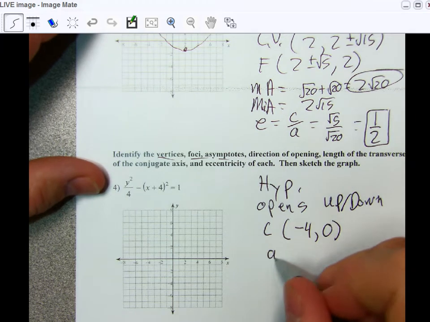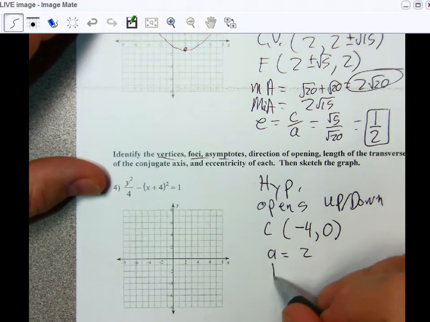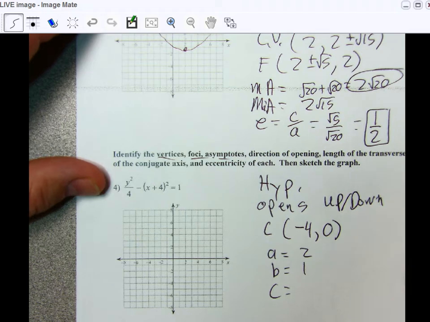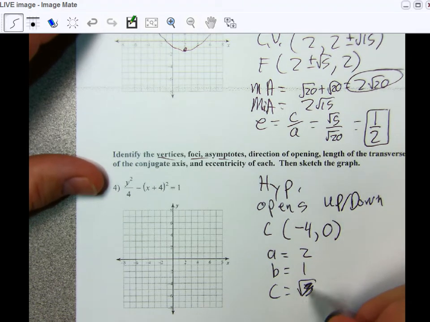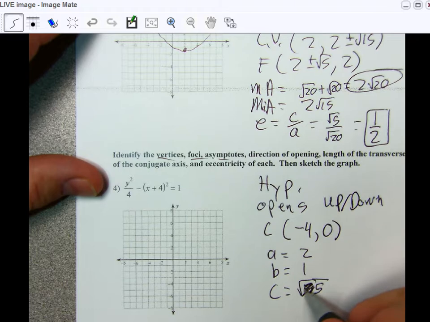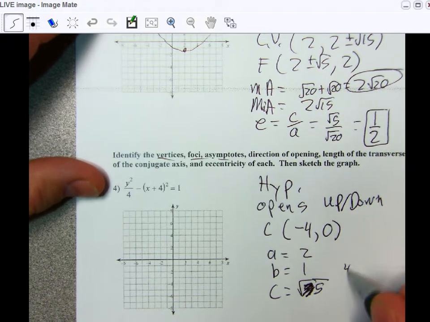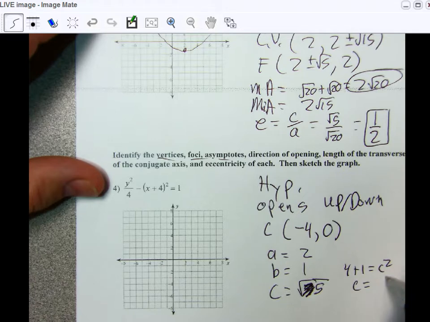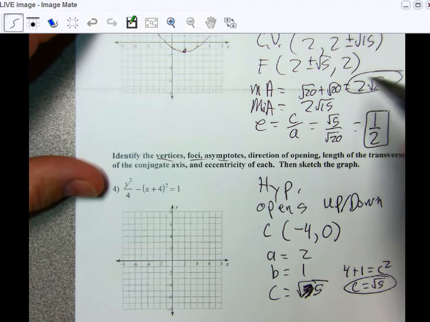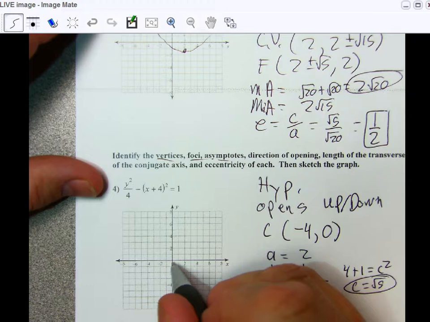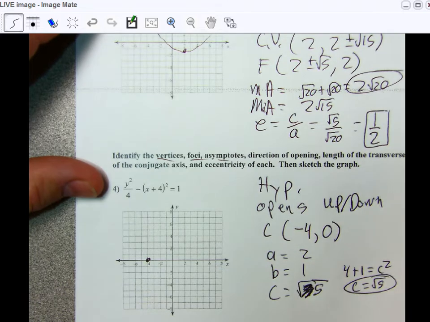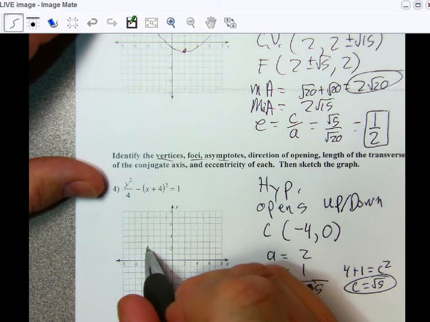I have an A value of 2, a B value of 1, a C value of square root of 3. No, that's not right. Square root of 5, because I have 4 plus 1 equals C squared. C equals root 5. Okay, so at this point, -4, 0. I go up and down 2.